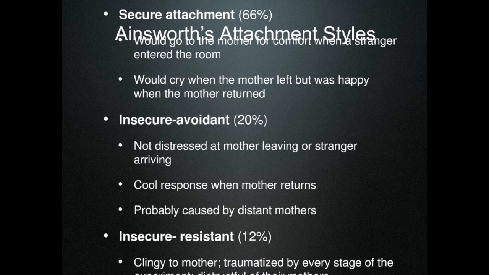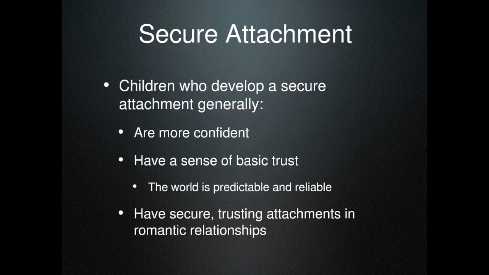And when the mother returns, the mother has a really difficult time calming the child down. So the mother doesn't bring the child a lot of comfort, but yet when the mother's not present, the child gets upset. That only happens in about 12% of the cases. That's the most dangerous long-term to someone's development. Most children, though, 66% in the Ainsworth study were determined to have this secure attachment, which is good and healthy.